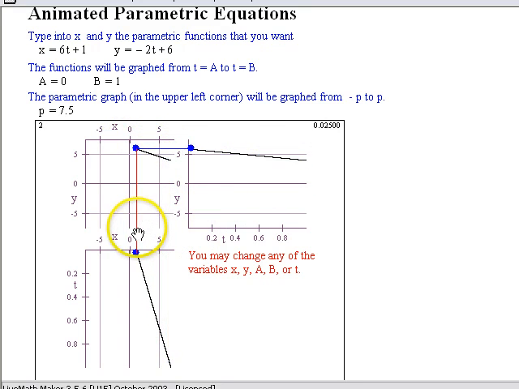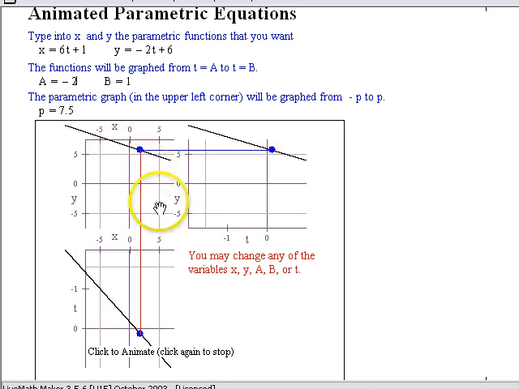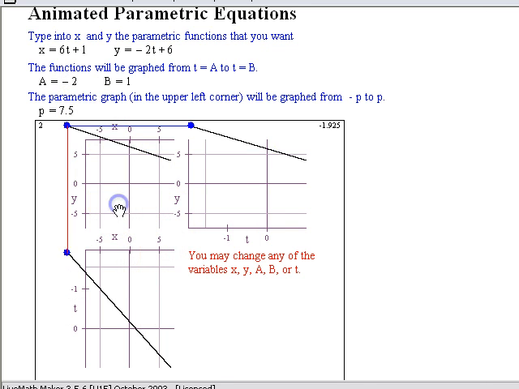Okay. Now, I not only have a parametric equation for the line segment, I actually have a parametric equation for the whole line. If I change what my t values can be, I'm looking at different parts of the line.